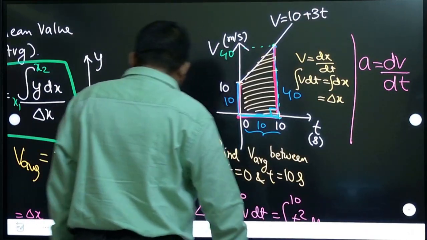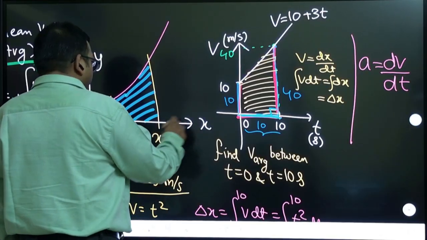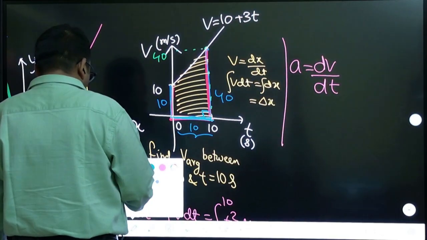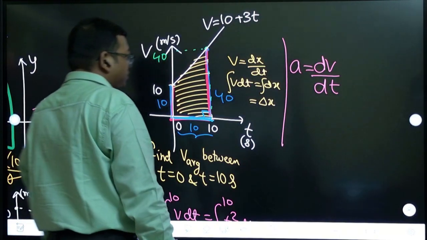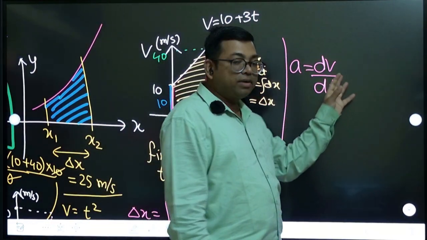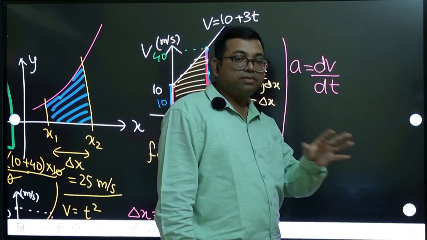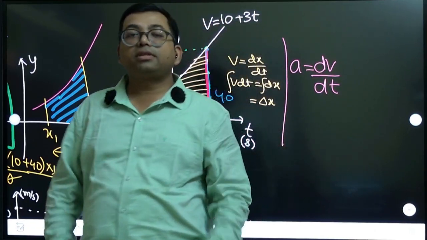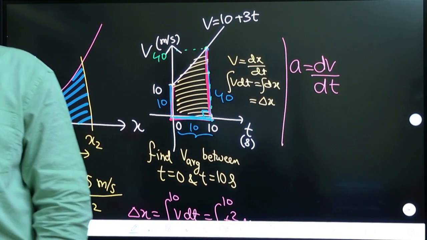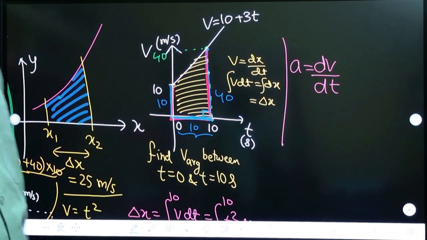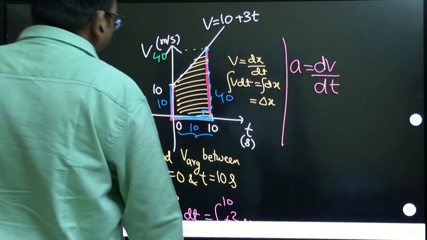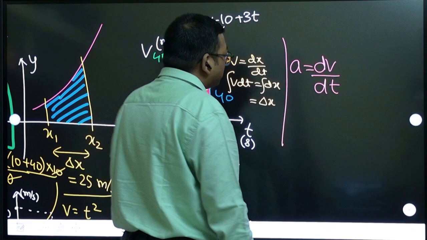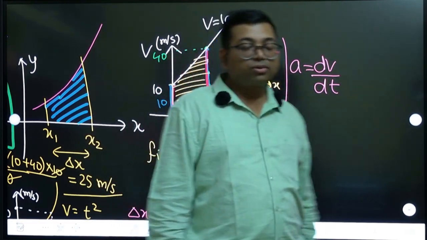First understand what dv by dt means, dy by dx in a graph. What is the meaning of dy by dx? Forgotten? Last class, did you watch the video or not? You should watch the video.